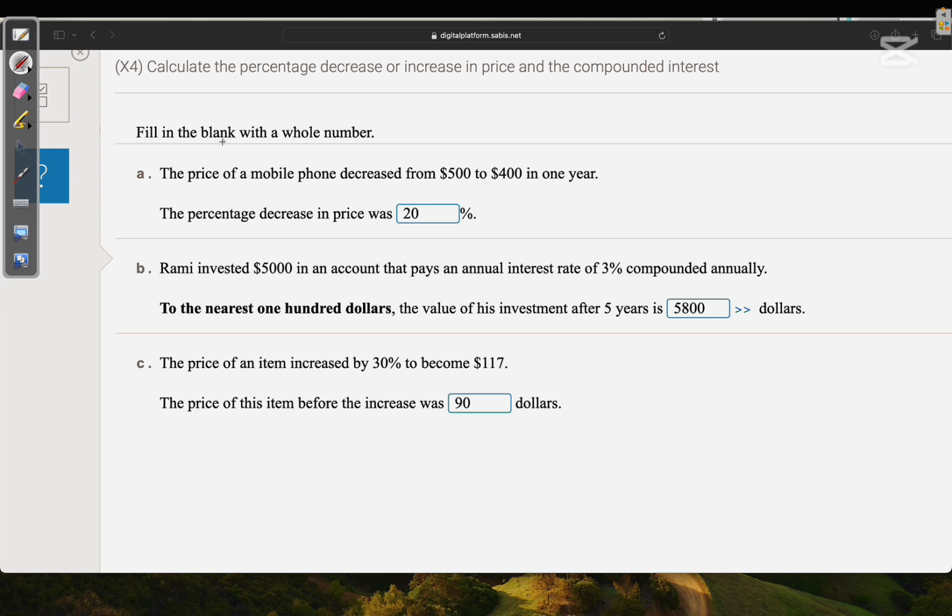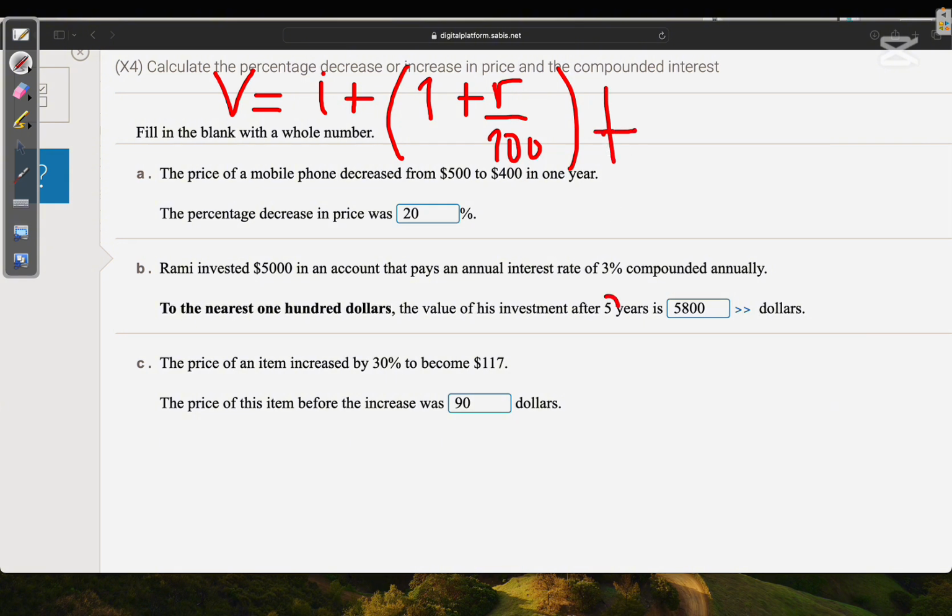Okay, so for here, the value of investment, which I'll represent with V, is going to be the initial money, which I'll represent with I, times 1 plus percentage, which is rate, over 100, to the power T, which is time, which is here 5 years.